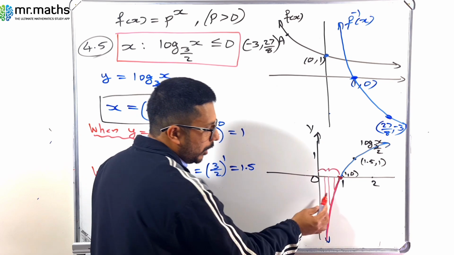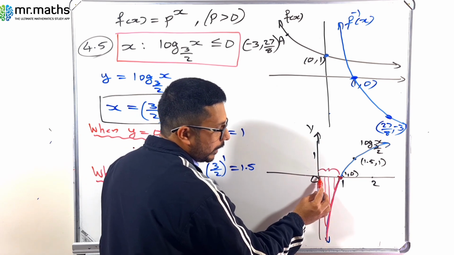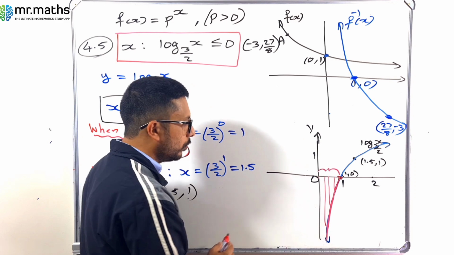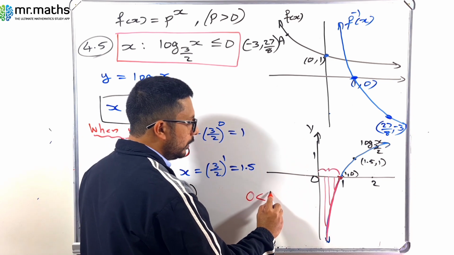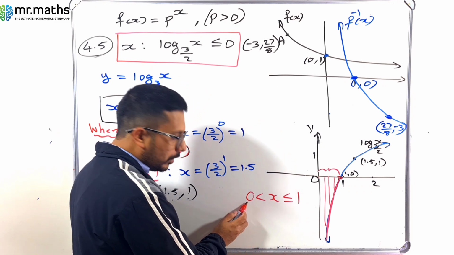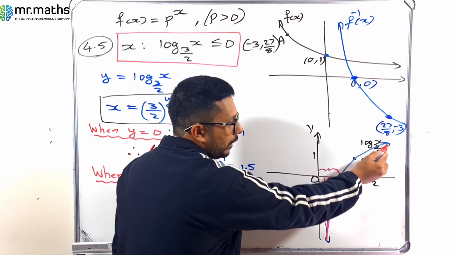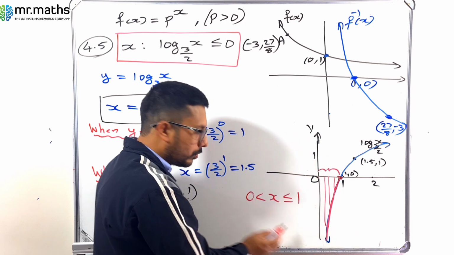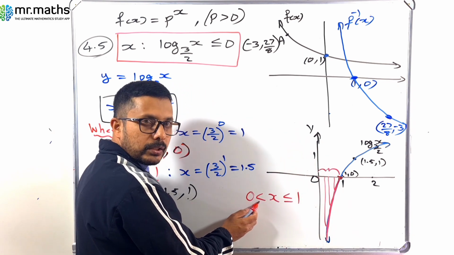That means below the x-axis, the x values are between 0 and 1. So 0 less than x less than or equal to 1. We can't include 0 because this is a logarithmic graph and it won't cross this y-axis. That is why I didn't include 0.